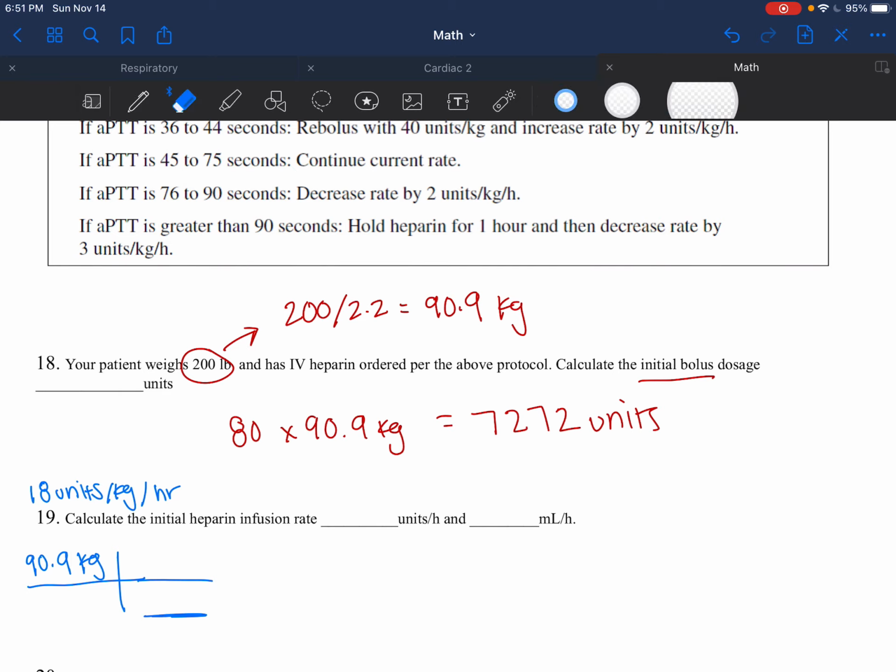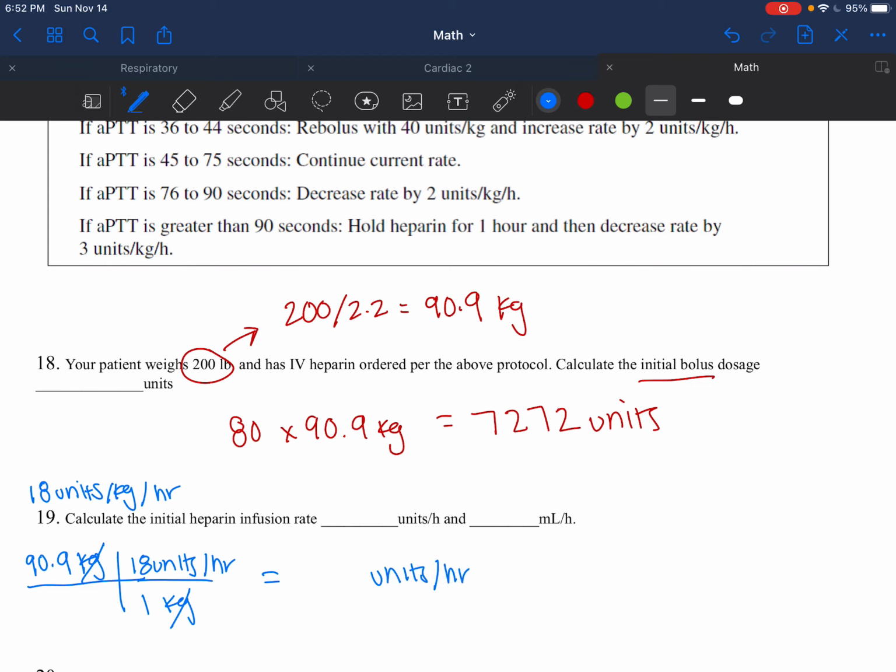So I'm going to take my 18 units per kilogram per hour, and I'm going to put kilogram on the bottom. And that leaves me with 18 units per hour on the top. So once I multiply all this out, our kilograms will be canceled out, and our answer will just be left in units per hour.